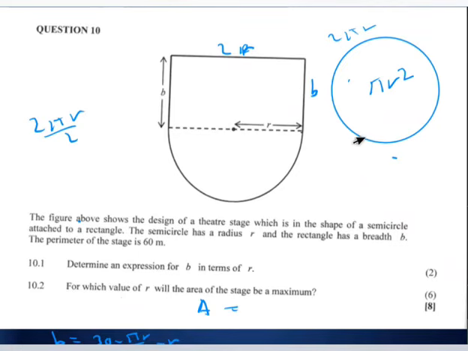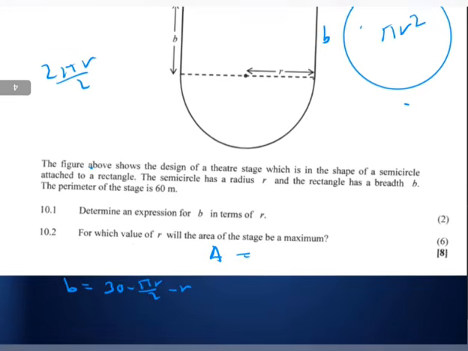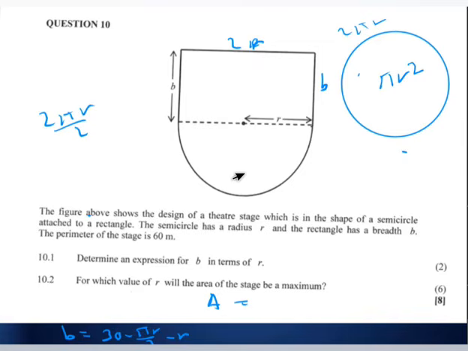So the area of a circle is pi r squared, therefore the area of a semicircle is pi r squared divided by 2, right? So this part is a semicircle, so that is why I'm mentioning that part. So it's going to be the area of the semicircle plus the area of this shape, right?